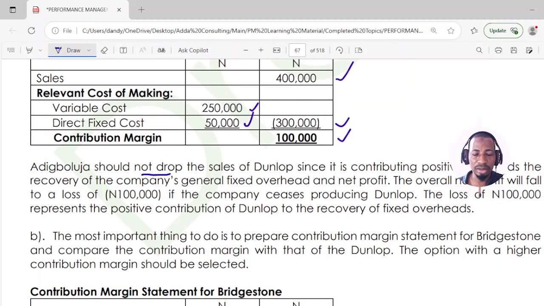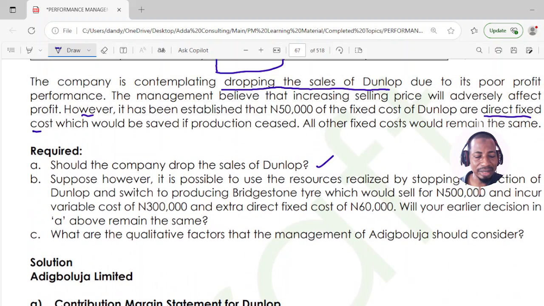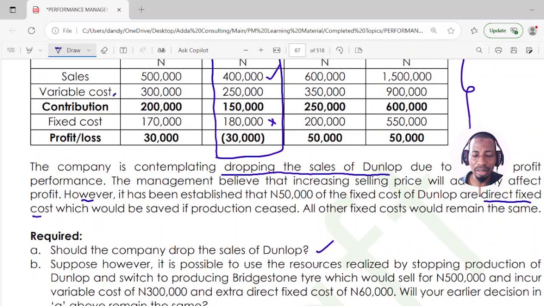Okay, because if the company stops producing Dunlop, this contribution of 100,000 naira will be lost. So the loss of 100,000 represents the positive contribution that Dunlop generated towards the recovery of the company's fixed overhead and then the net profits. So that answers requirement A. Because we have a positive contribution of 100,000, our advice is that the company should not stop or drop the sale of Dunlop.